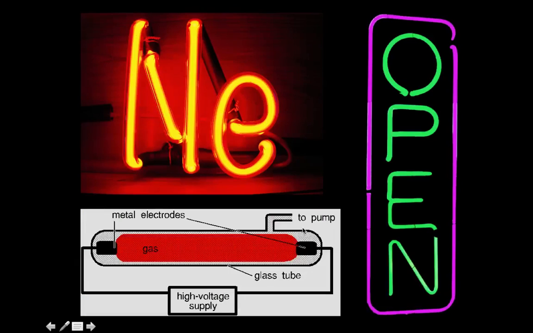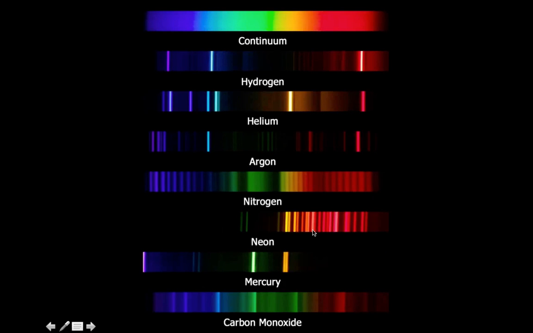We saw that neon is this reddish, orangey red colour, and that's because it has quite a complicated set of different lines, but they're still individual lines, most of them concentrated in the red or orange end of the spectrum. Carbon monoxide, by the way, has a more filled-in structure, and that's because it's a molecule rather than just a single atom of a single element.